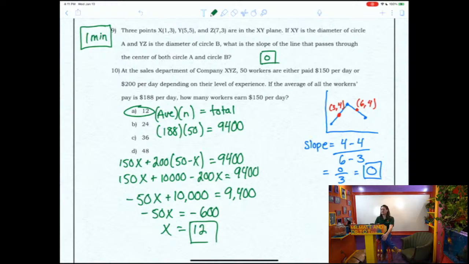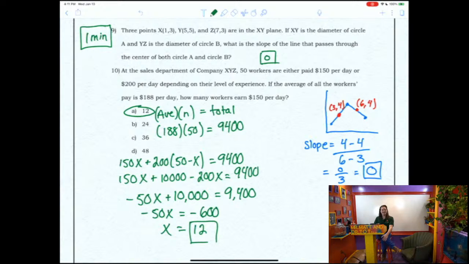So every day, all 50 of these workers earn a total of $9,400 cumulatively, all together. But how does this split between the two levels of pay?